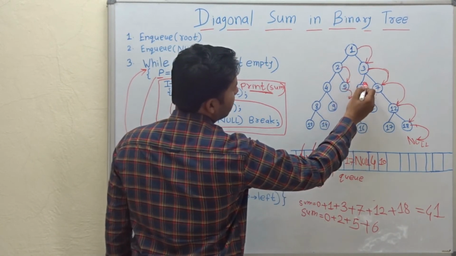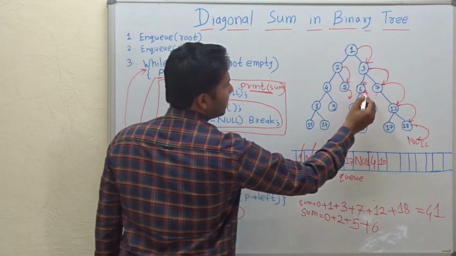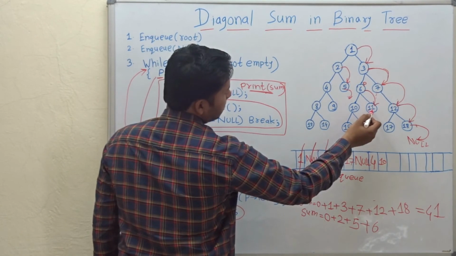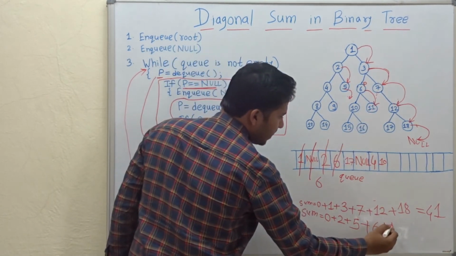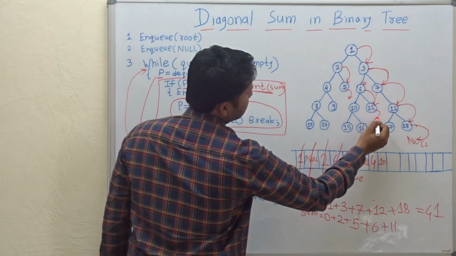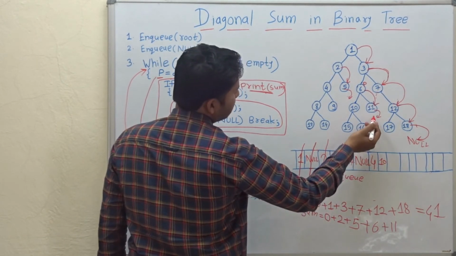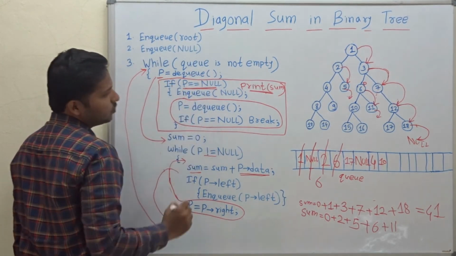P is pointing here now, and the left child is 10. So we have enqueued 10, and then jump to the right. For 11, what is the left child? There is no left child, so just add 11 to the diagonal. Now go to the right, which is null. As it is null, we again come to the outer while loop and dequeue again.